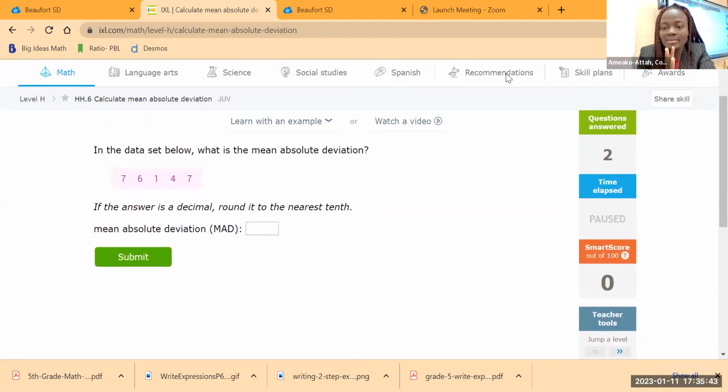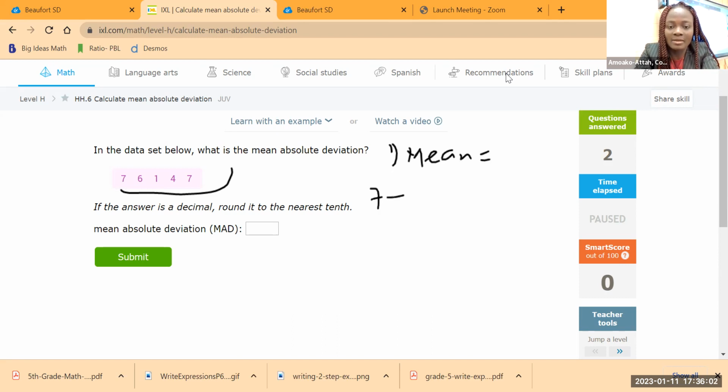We have 3 basic steps. Step 1: find the mean of the values. I believe we can find the mean because I treated this in one of my previous lessons. So the mean is equal to 7 plus 6 plus 1 plus 4 plus 7 over the number of values: 1, 2, 3, 4, 5.